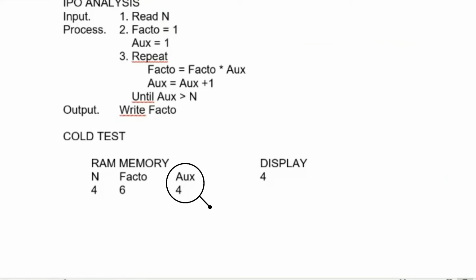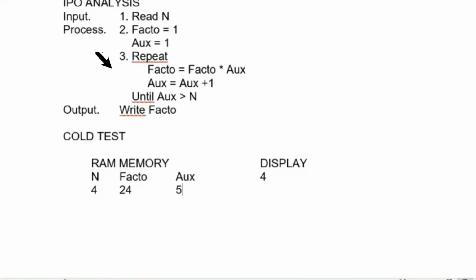Now, until outs is greater than n. That is false. So you go to the repeat instruction. Factor is equal to factor by outs. 6 by 4 is 24. And outs is equal to outs plus 1.